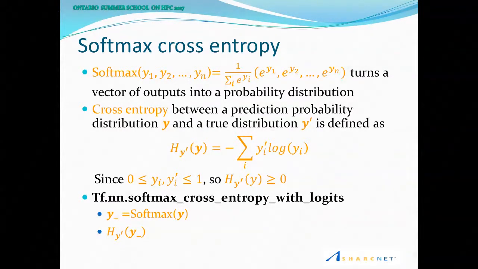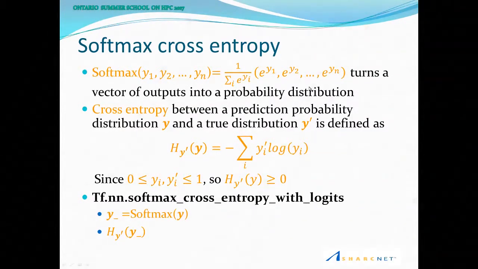This means we turn the output into a probability distribution. How to do that? We take the exponential of each component, and we sum them together as the denominator, and that's it. So this is the formula.